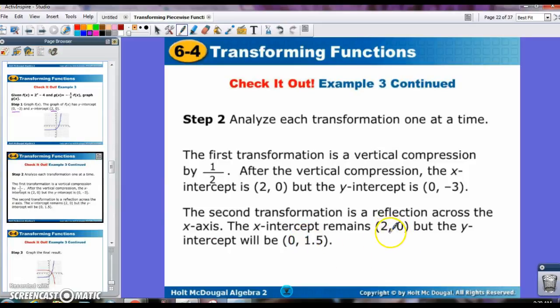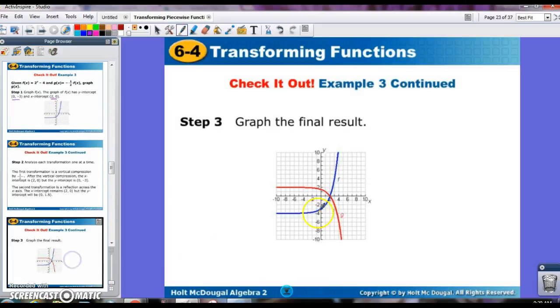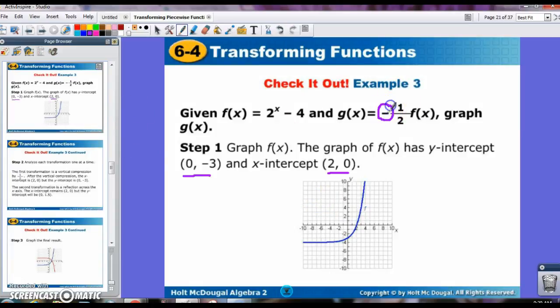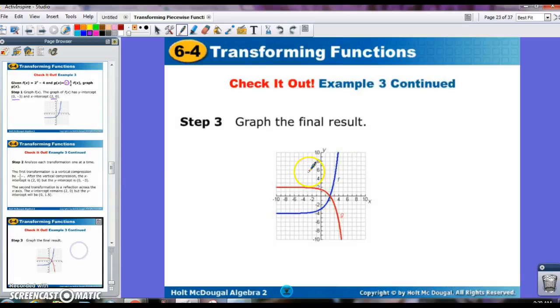The x-intercept stays the same, but our y-intercept changed to 3/2. Then we also had a reflection. This negative sign here means we were reflecting over the y-axis. So all I did was flip it over with my new y-intercept.